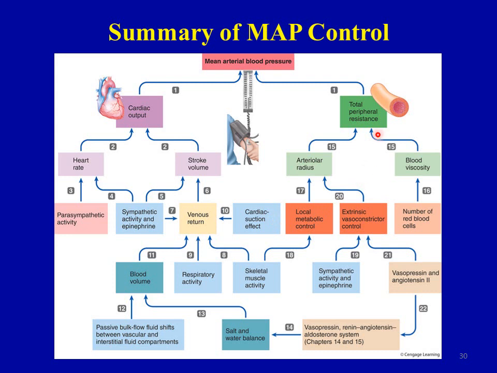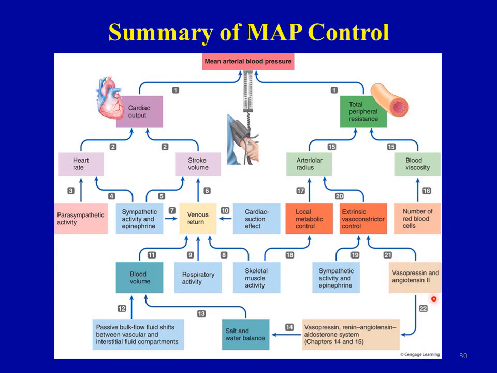And the total peripheral resistance depends on the viscosity, that is mainly dependent on the red blood cell count, or the number of red blood cells, and the arteriolar radius, that is affected by local metabolic controllers and the extrinsic vasoconstrictor control, mainly the sympathetic division of the autonomic nervous system, plus the epinephrine hormone from the adrenal medulla.